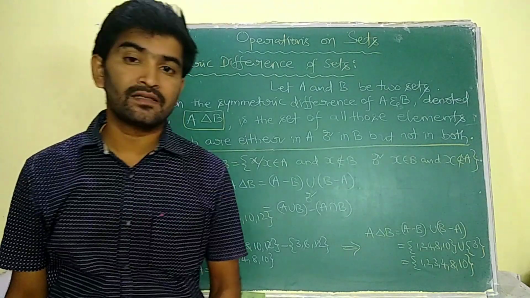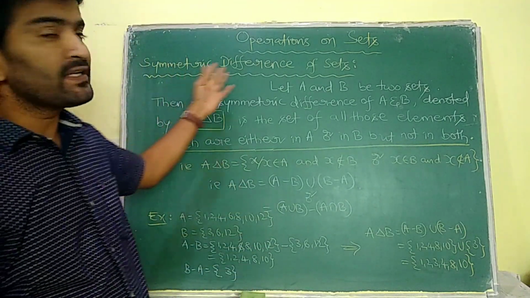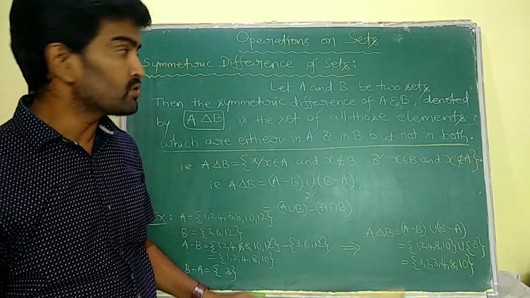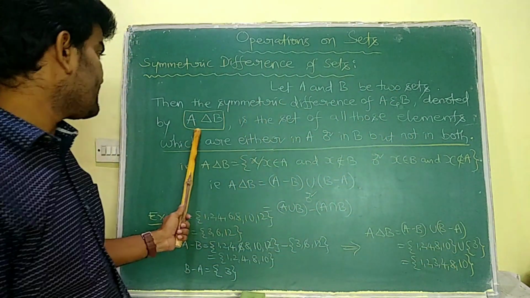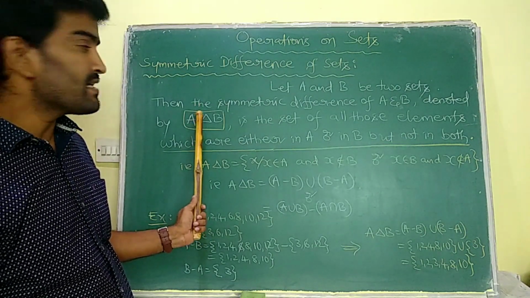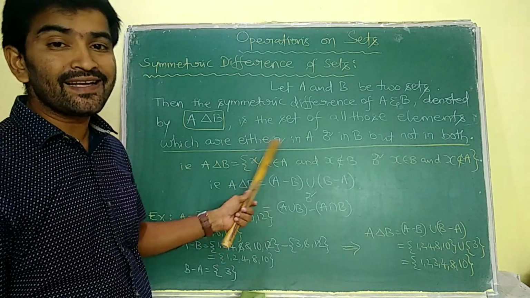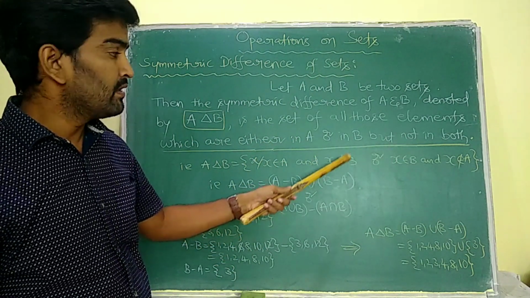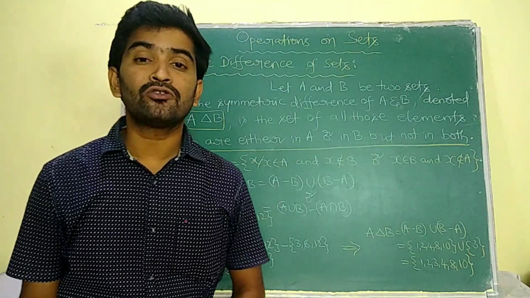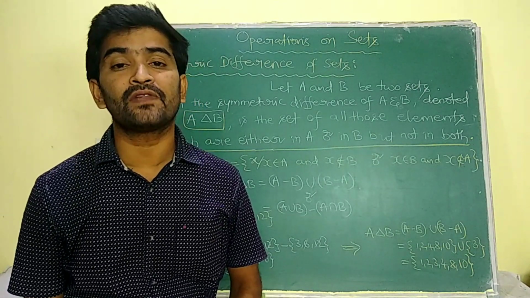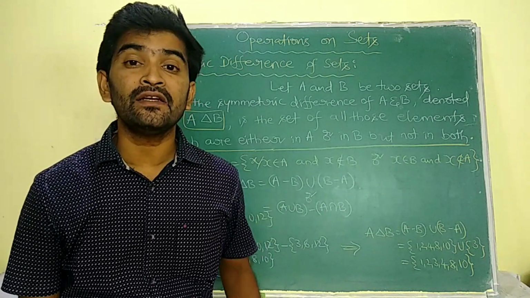Now, we will discuss the symmetric difference of sets. Symmetric difference of sets means, let A, B be two sets, then the symmetric difference of A and B is represented as A delta B. This is the set which consists of all those elements which are either in A or B but not in both A and B. That means I have to write a new set which consists of the elements in either A or B but not in both.